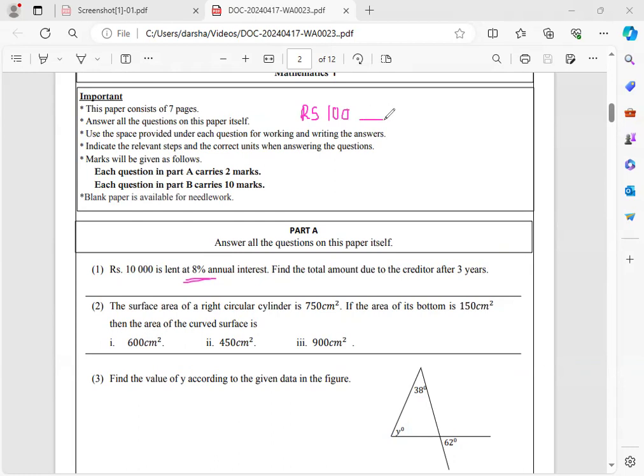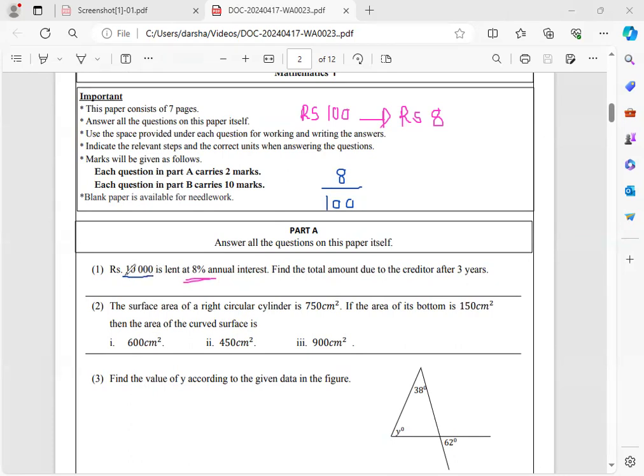Normally all percentages are expressed for 100. So 8% annual interest means that if you take a 100 rupee loan, after the end of the first year you have to pay an additional 8 rupees as interest.